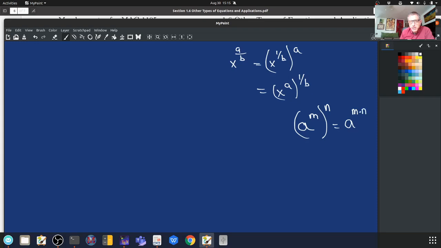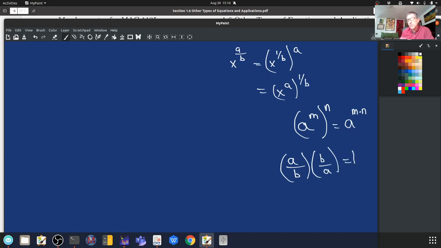So 1 divided by b times a is a divided by b. And a times 1 divided by b is a divided by b. So that's going to be important. And also, the following, assuming b is not 0, the reciprocal of a divided by b is b divided by a, and their product is 1.